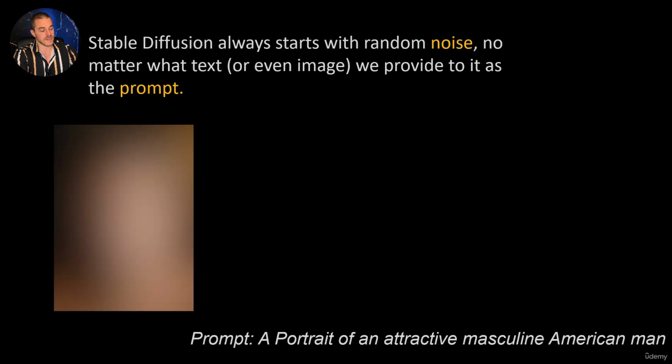So as I said, the starting point is always random noise, and noise is basically nothing, just some shades, some colors, and this is always the starting point for any AI image we create with Stable Diffusion. And together with a prompt, in this case a portrait of an attractive masculine American man, the image generation process starts.